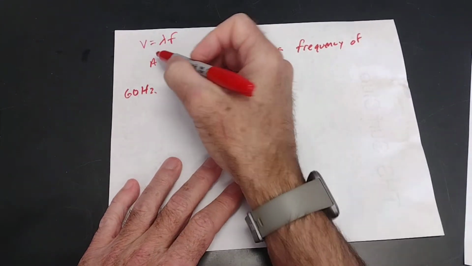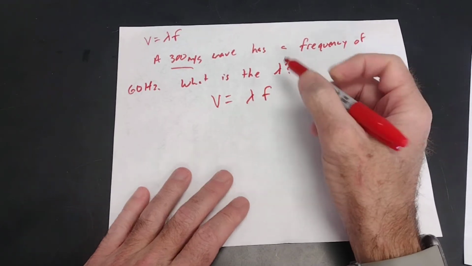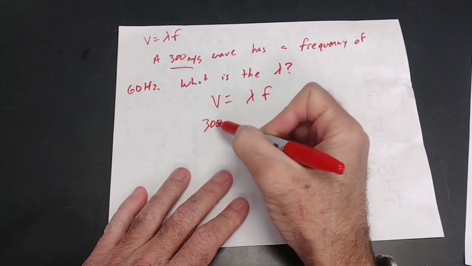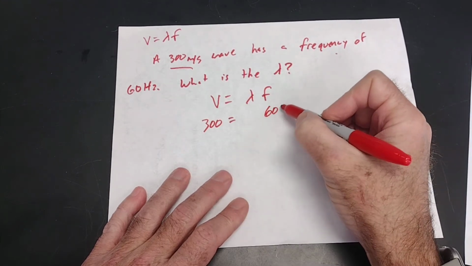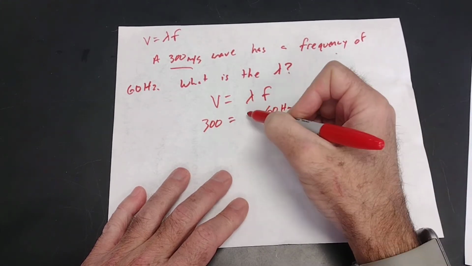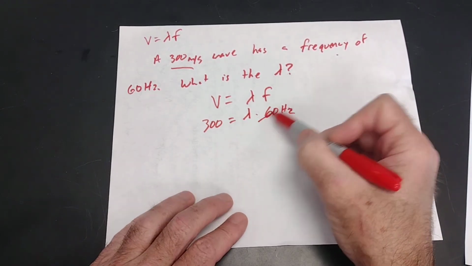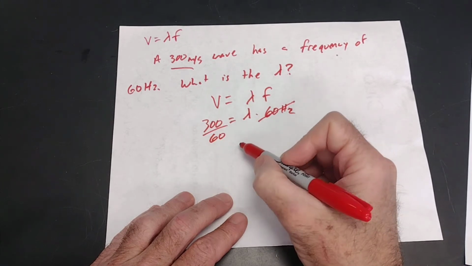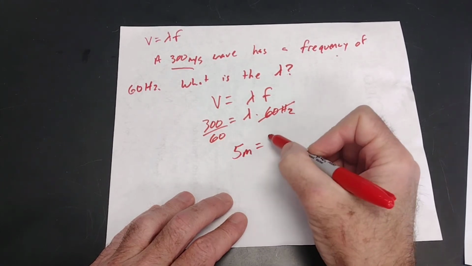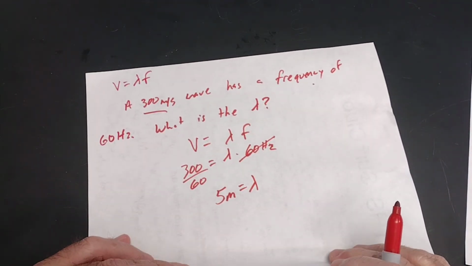Well, we would say V equals lambda F. The V is 300. The frequency is 60. So we're trying to solve for the wavelength. We move the 60. What's the opposite of times 60? Divide it by 60. 300 divided by 60, 5. 5 meters is the wavelength. You'll have problems like that on your test.